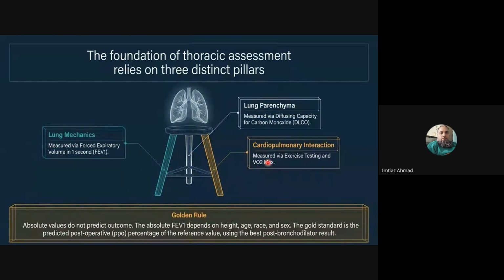Third one is cardiopulmonary interaction, which is measured through exercise testing and VO2 max. The golden rule is that absolute values do not predict outcome. The absolute value of FEV1 depends on height, age, race, and sex. The gold standard is the predicted post-operative percentage of the reference value using the best post-operative bronchodilator result.